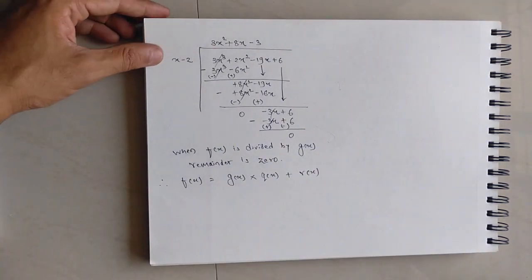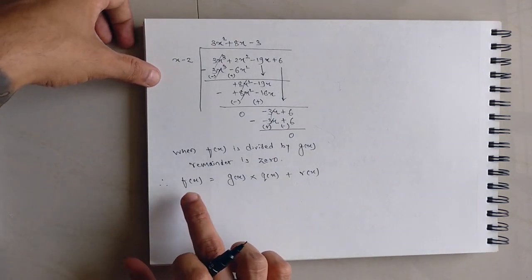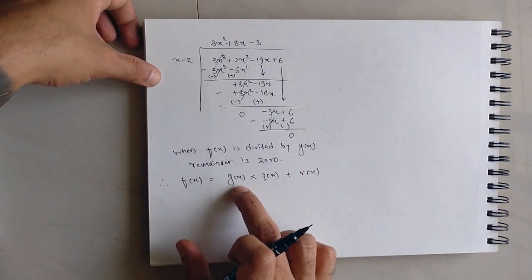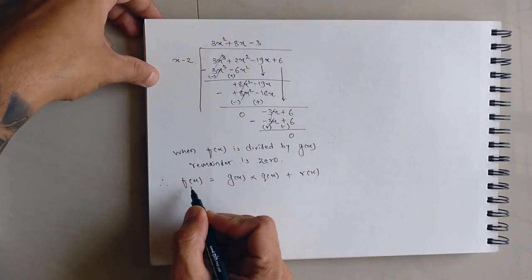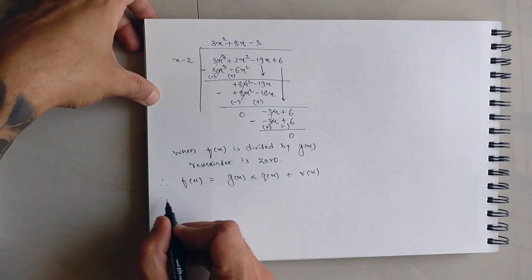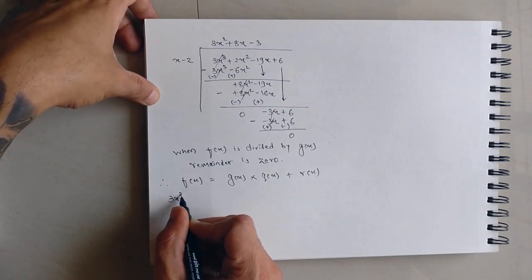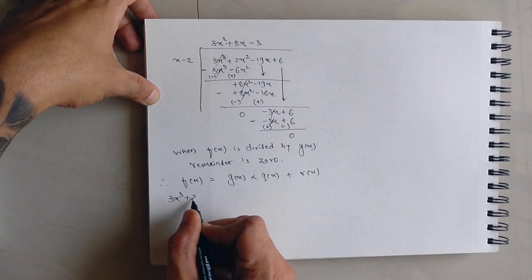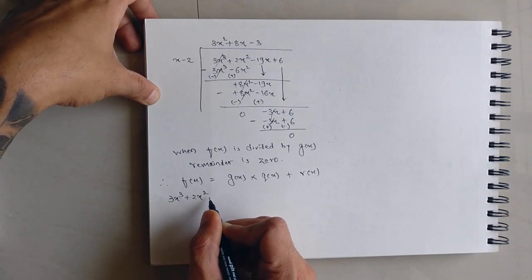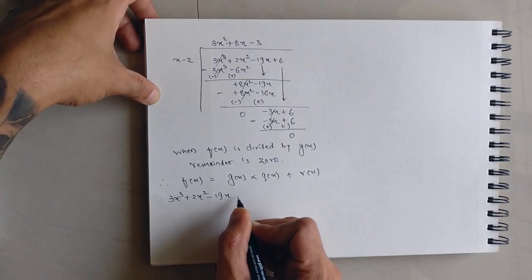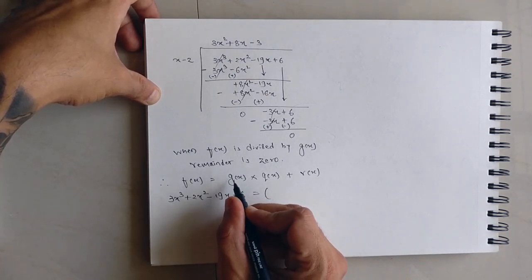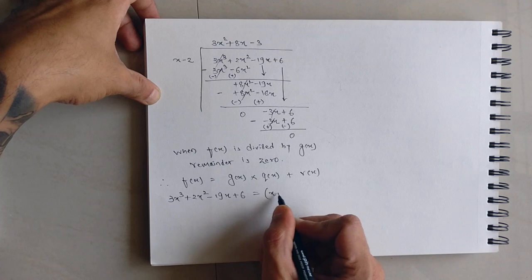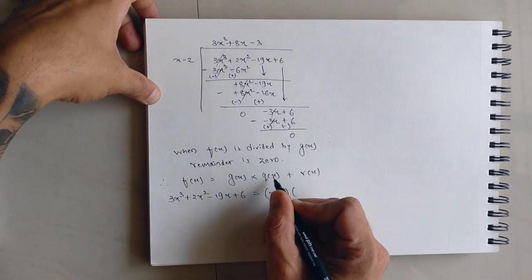You know what this is? This is dividend is equal to divisor into quotient plus remainder. Remainder is 0 already, so we can write this dividend, that is 3x cube plus 2x square minus 19x plus 6, as product of g of x, that is divisor, x minus 2, and q of x.